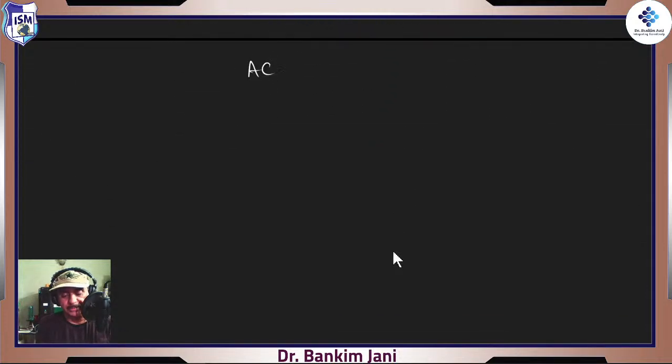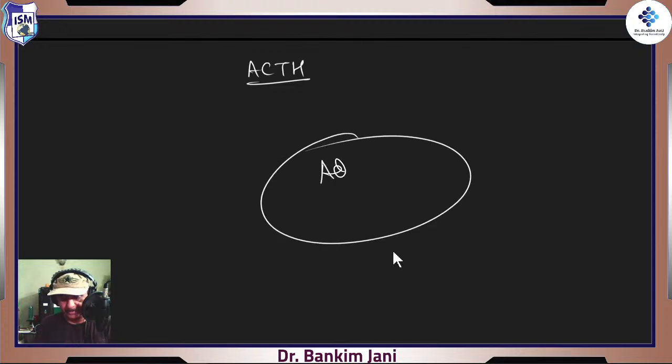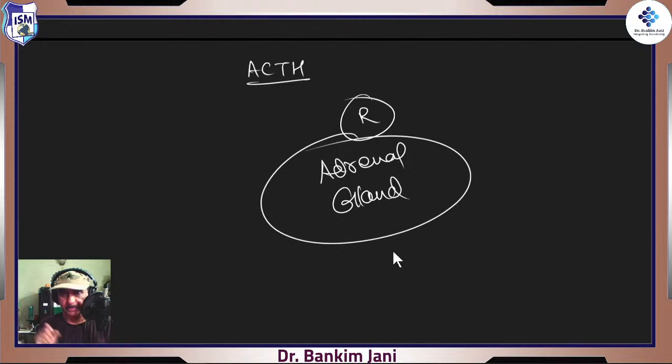Now this ACTH, what will it do? Here is the adrenal gland, right? On that adrenal gland there is a receptor. Now this receptor is not a simple receptor, right? This receptor is 1, 2, 3, 4, 5, 6, 7.